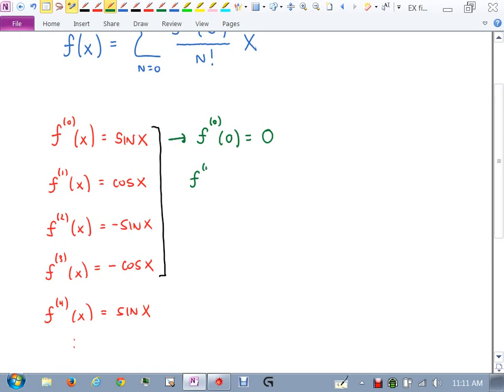The first derivative of f at 0 is cosine of 0, which is 1. The second derivative of f evaluated at 0 will be 0. And then the third derivative of f evaluated at 0 will give me -1. Then the pattern will repeat, so from here on, it'll be 0, then 1, then 0, then -1, and it'll keep going.